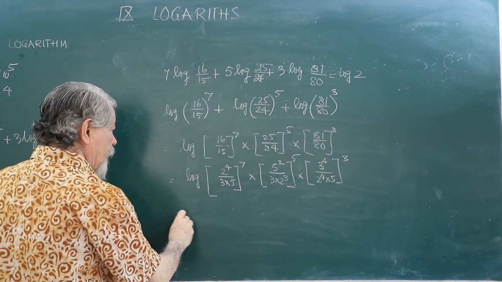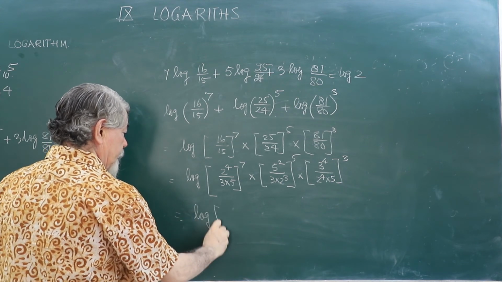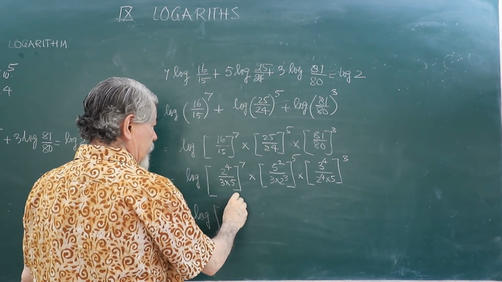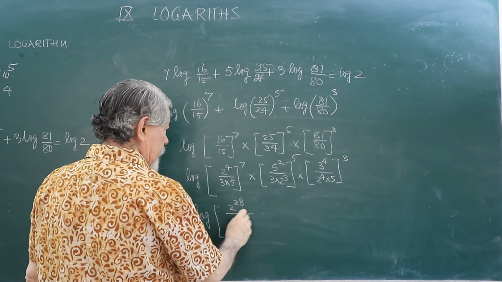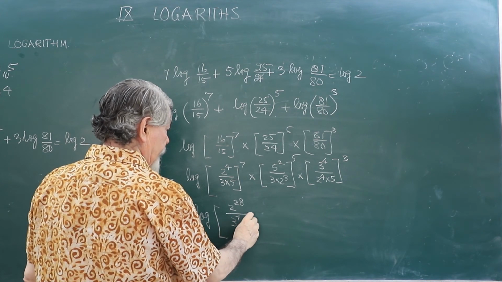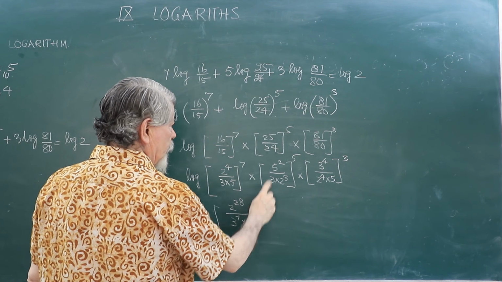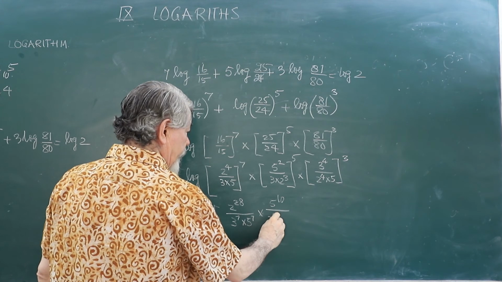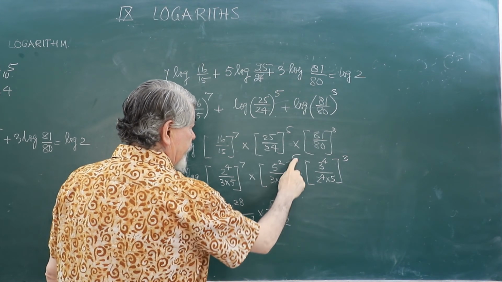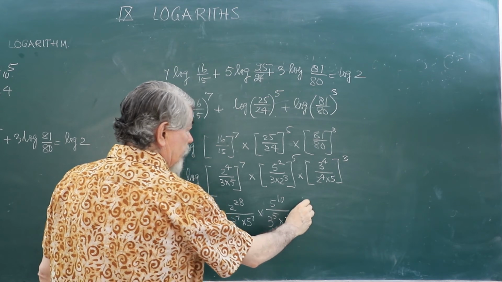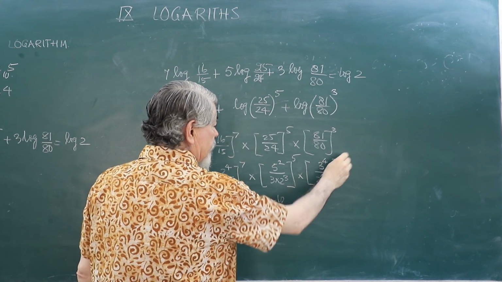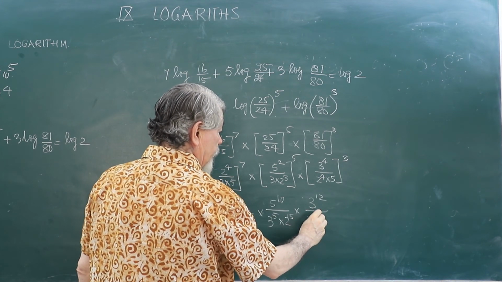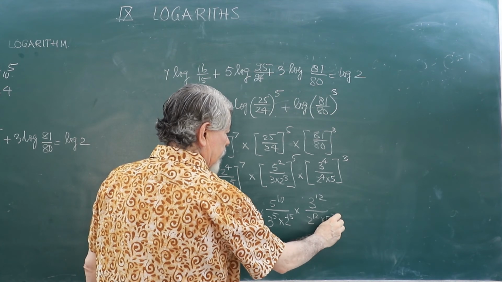So let us see now what do we get. Log 2 to the power 4 to the power 7 is 2 to the power 28, 7 4s are 28. 3 to the power 7 into 5 to the power 7 into 5 to the power 10 upon 3 to the power 5, 2 to the power 3 5s are 15 into 3 to the power 3, 4 3s are 12, 2 to the power 4 to the power 3 is 2 to the power 12 and 5 to the power 3.